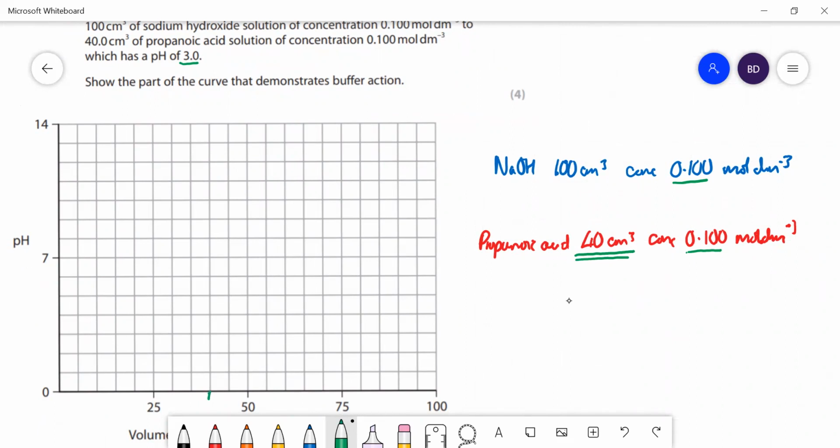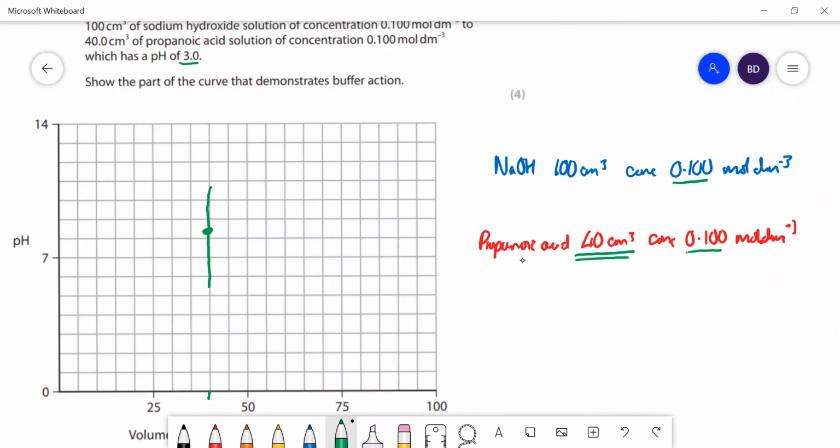So we want to draw the end point, which is the vertical part of the line there. You can see that I've chosen the midpoint of that line not at pH 7, but slightly alkaline. When you do a titration of a weak acid with a strong base, the end point is slightly alkaline.